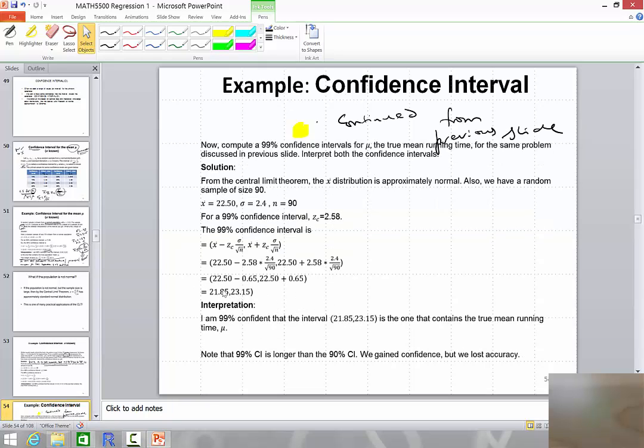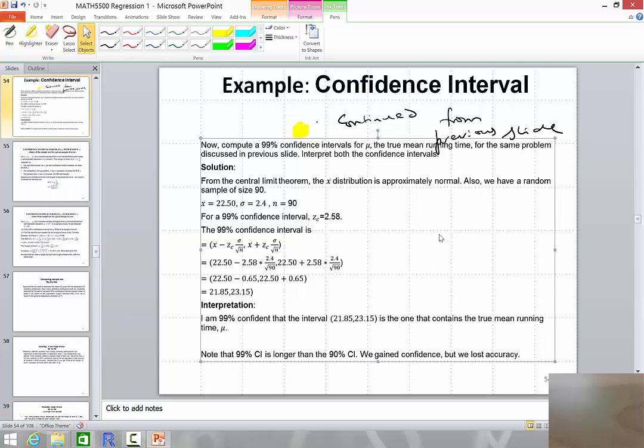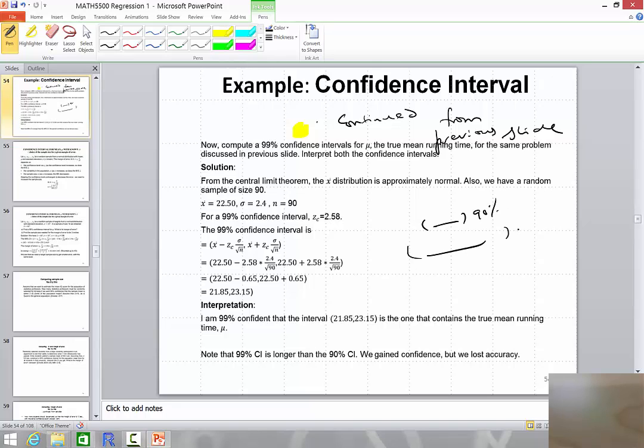This is wider, bigger than the earlier one. This is for 90%, and we have 99% here. So the 99% confidence interval is longer than the 90% confidence interval. So we gained confidence, 99% from 90%, but we lost accuracy.